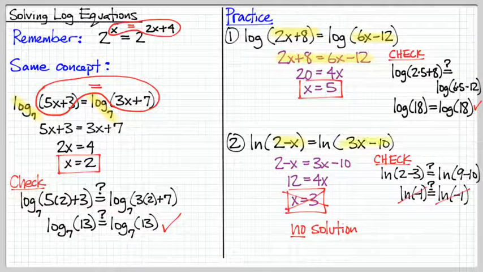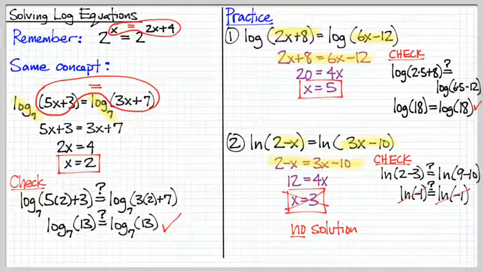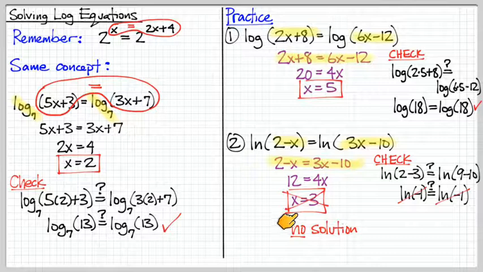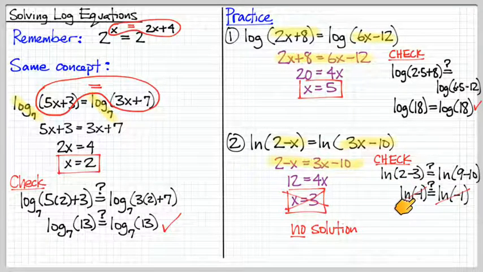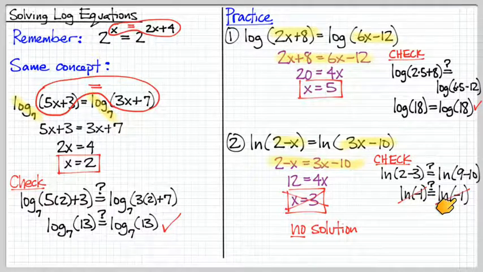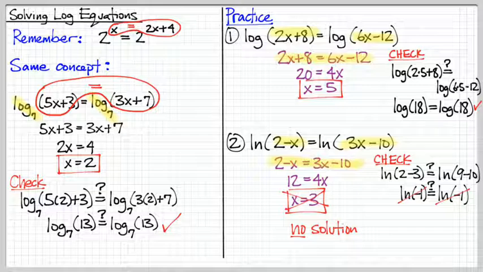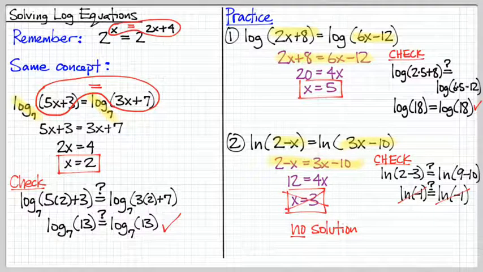We set the inside of the natural logs to be equal to each other, and we get x is equal to 3, but when we plug that back in, we get natural log of -1 is equal to the natural log of -1. Well, the thing is, there is no natural log of -1.